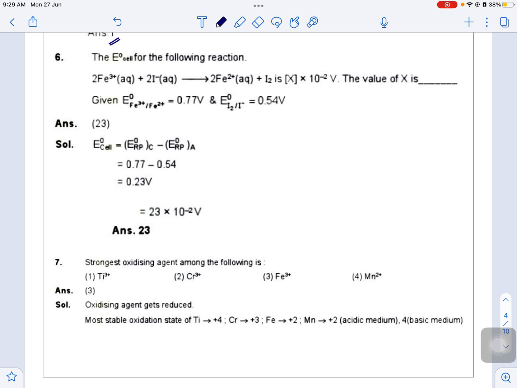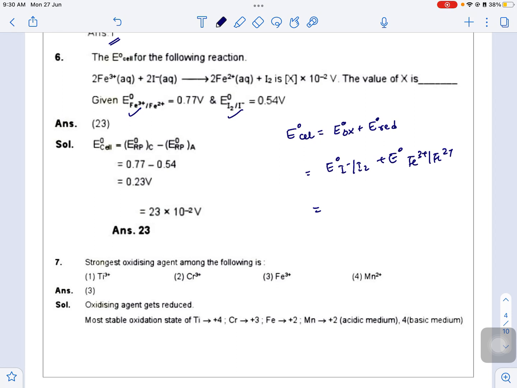The next question is E naught of the cell. So E naught for Fe plus 3 to Fe plus 2 and E naught for I2 to I minus are given. So E naught of the cell is equal to E naught oxidation plus E naught reduction. Which is undergoing oxidation here? That is E naught I minus to I2 plus E naught Fe plus 3 to Fe plus 2.